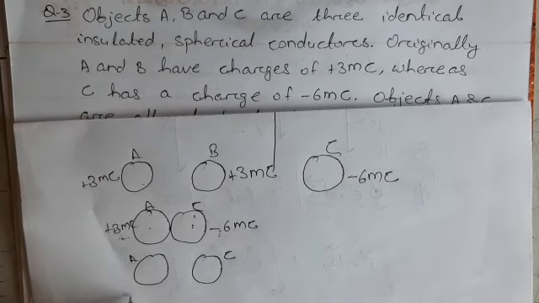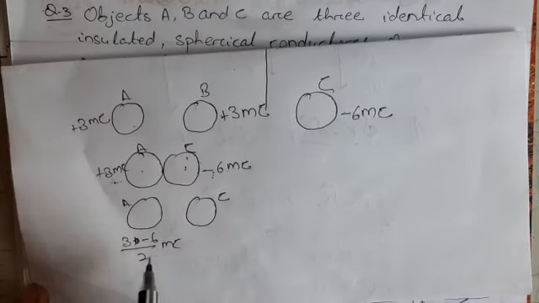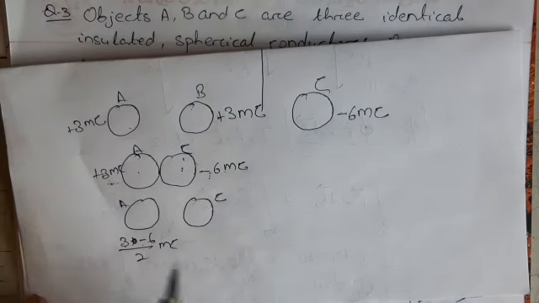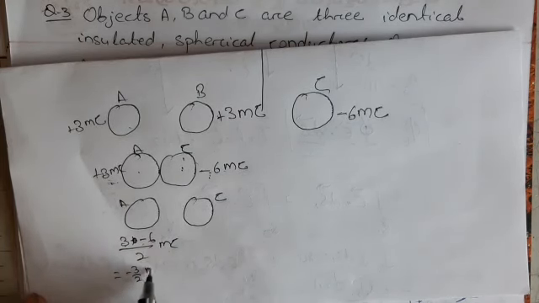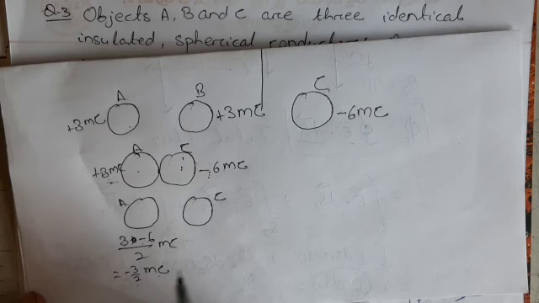Then A will acquire (3 minus 6)/2 millicoulomb of charge, means -3/2 millicoulomb of charge. Definitely A has acquired -3/2 millicoulomb of charge.